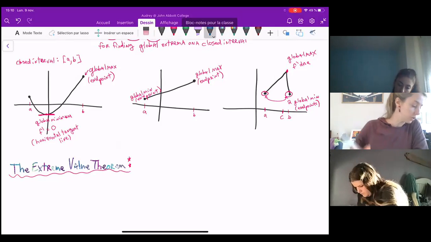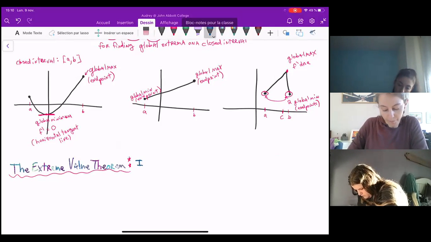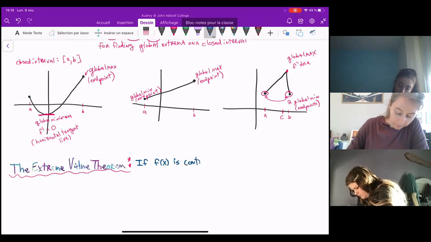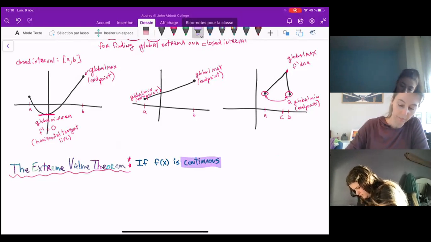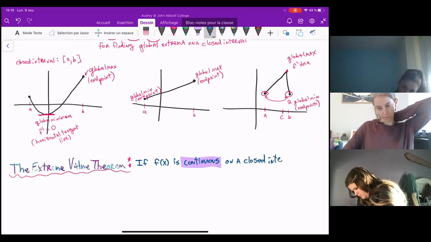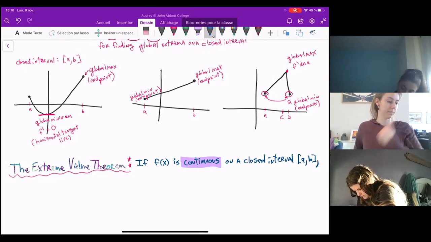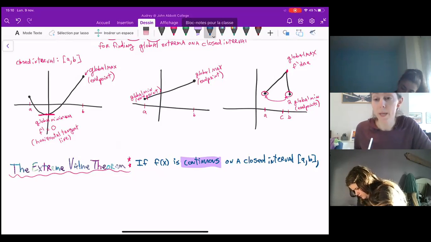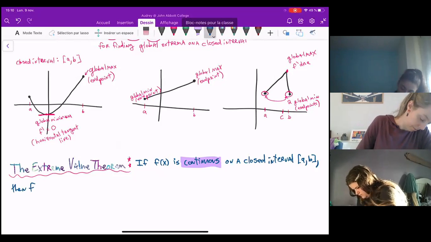So the extreme value theorem says that if f of x is continuous, and this is important that it's continuous, on a closed interval, then there will be a global max and min on that interval.